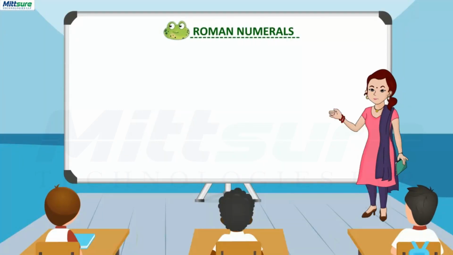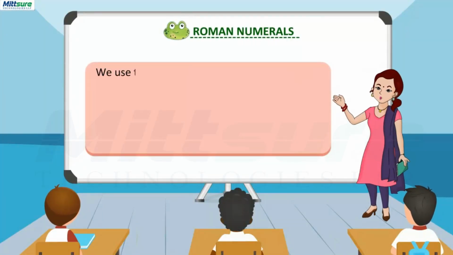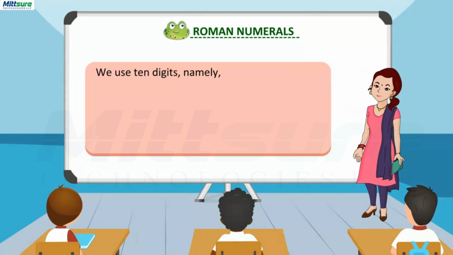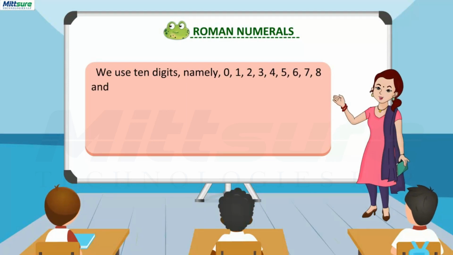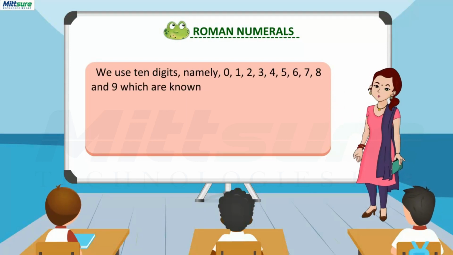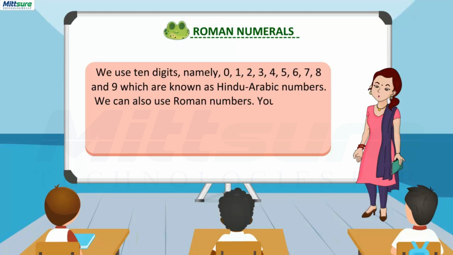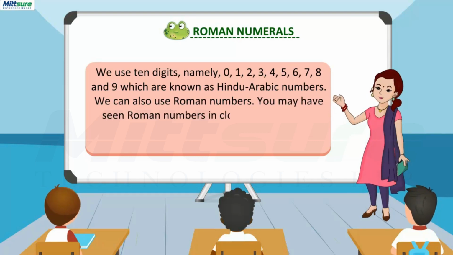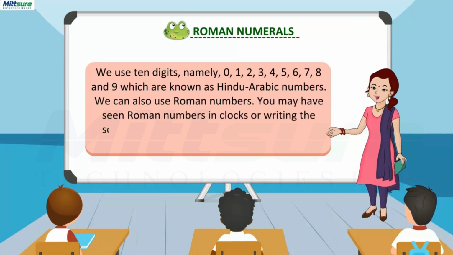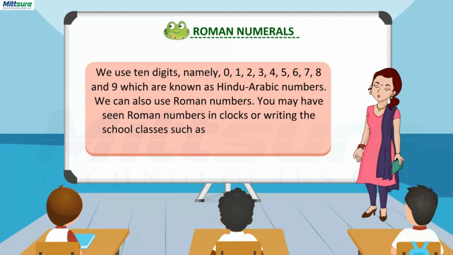Roman numerals. We use 10 digits, namely 0, 1, 2, 3, 4, 5, 6, 7, 8 and 9, which are known as Hindu Arabic numbers. We can also use Roman numbers. You may have seen Roman numbers on clocks or in writing the school classes such as 1, 2, 3, 4, 5, and so on.